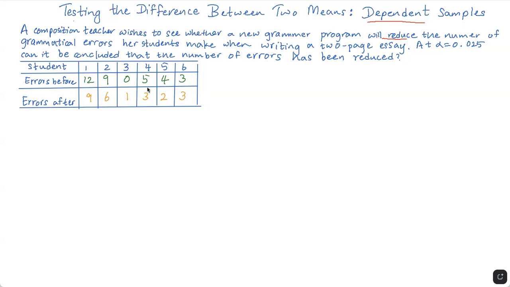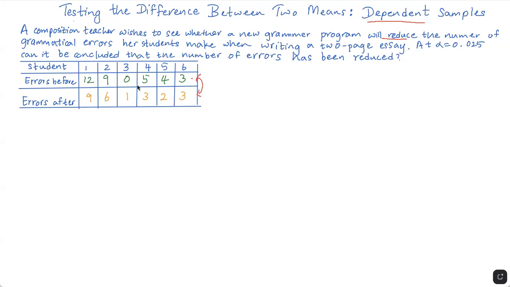So in this kind of problem, we are looking at the difference distribution, because these two data, errors before and errors after, are dependent, because they are coming from the same person, the same student. So that's why these two distributions are dependent, right?